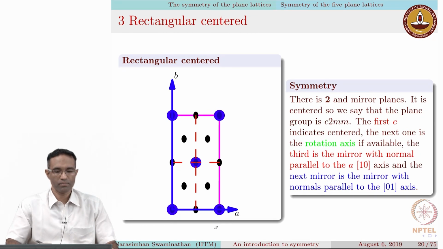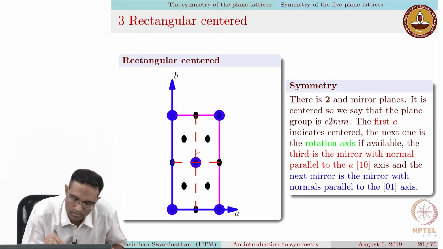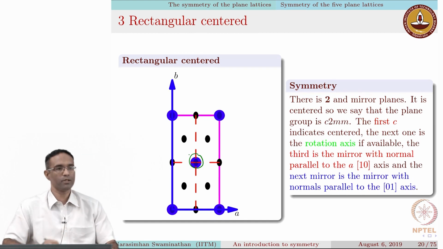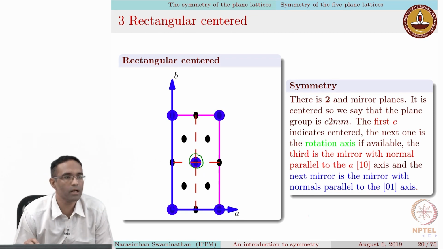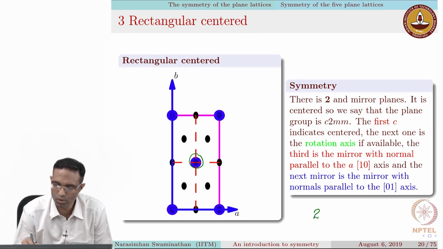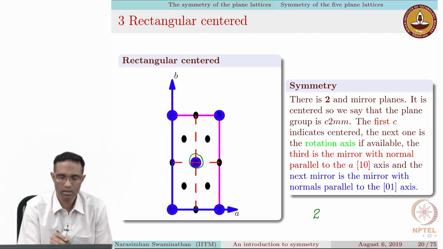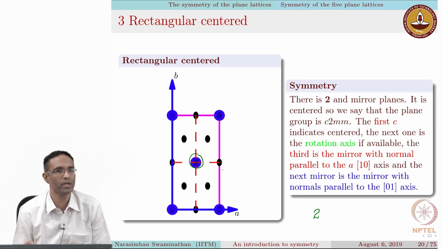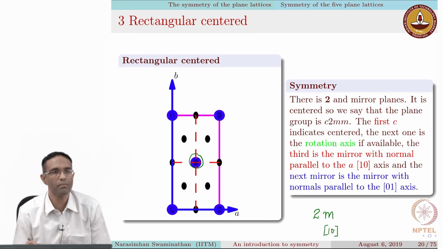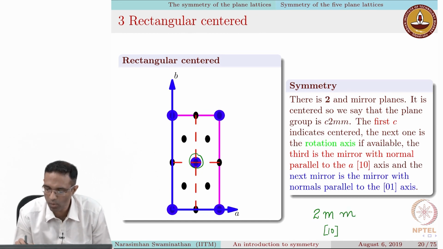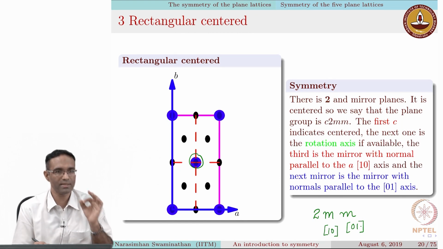So there are no mirrors. Rectangular centered, again there is a lattice point present right here. There is another lattice point, it is a centered cell. Again, what are the symmetry elements that are present? There is a two-fold rotation, there is a mirror, and there are mirrors perpendicular to each other. The first slot refers to m with its normal being 1 0, the second one being 0 1. However, this is centered.